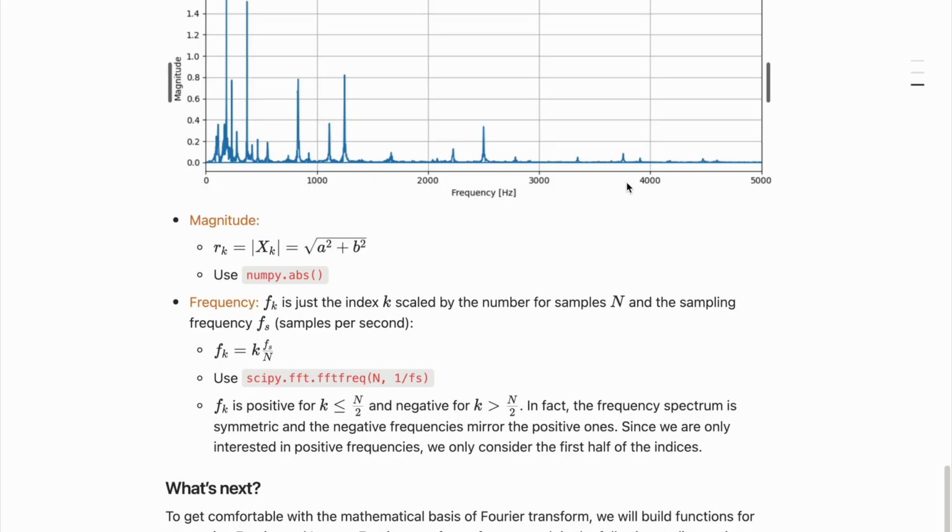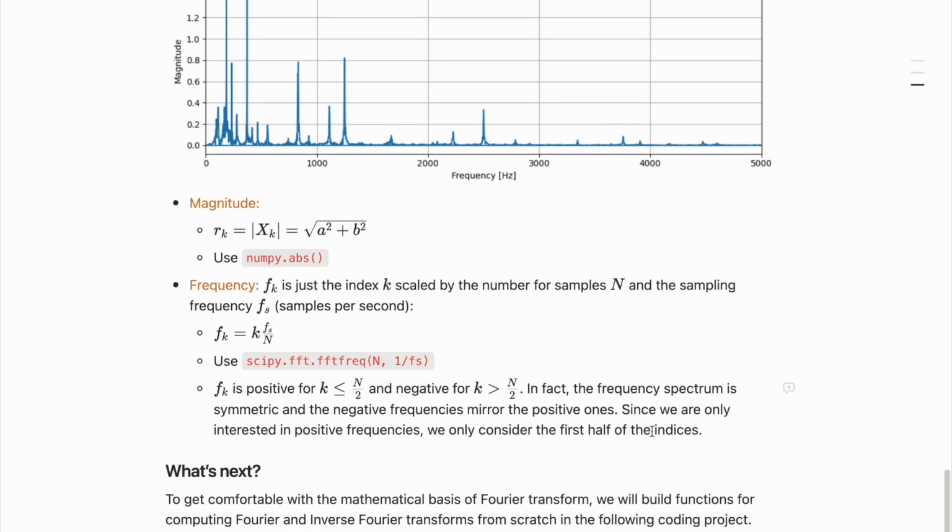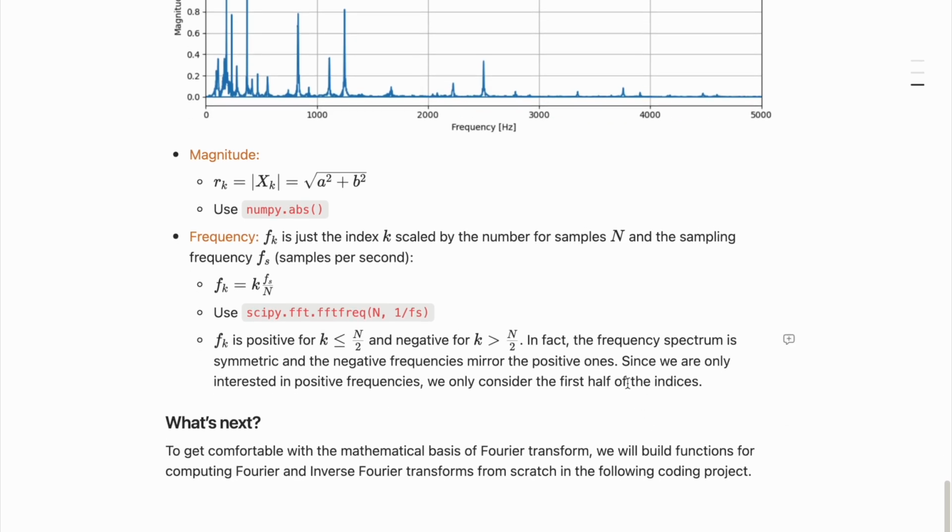And remembering this is also really important when we talk about magnitude spectra in the 2D Fourier transforms for images and why they look the way they do. So now that we have some understanding of the mathematics, we're going to go ahead and build our own Fourier and inverse Fourier transforms using these formulas.